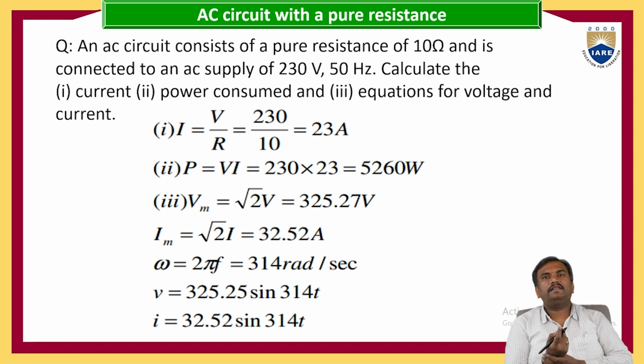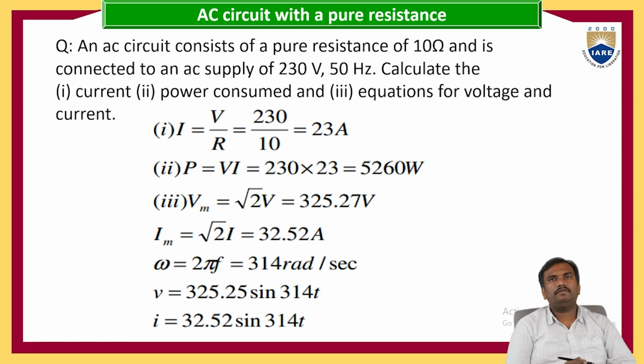Here, let us take an example of a pure resistor connected to an AC supply and the parameters we need to calculate. An AC circuit consists of a pure resistance of 10 ohms and is connected to an AC supply of 230 volts, 50 Hz.